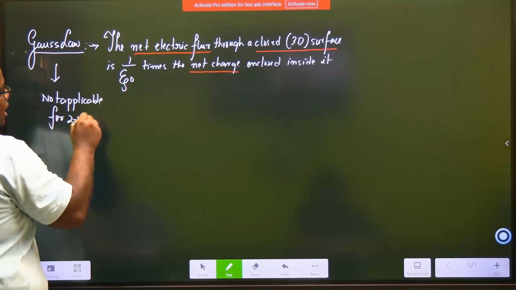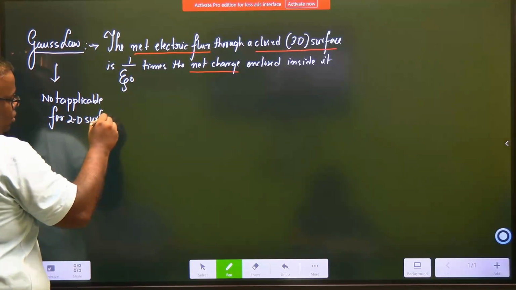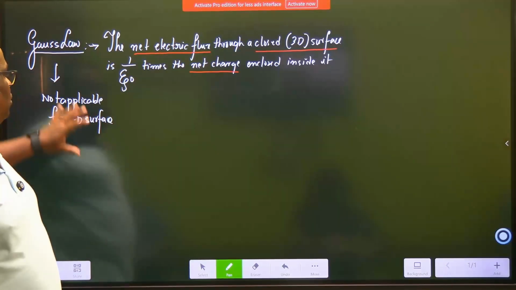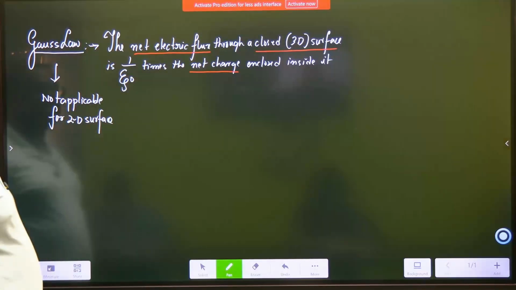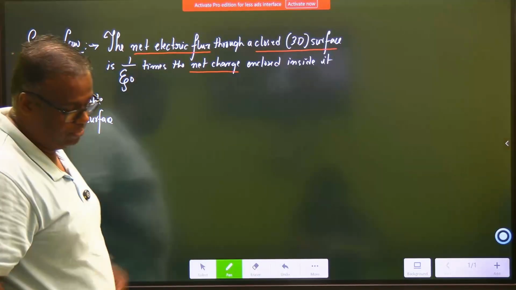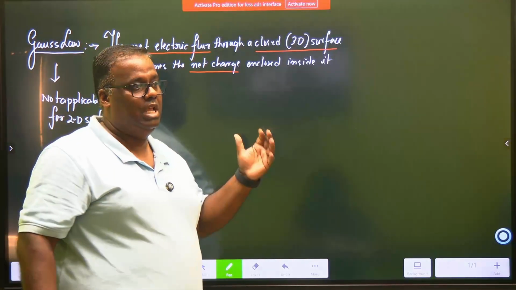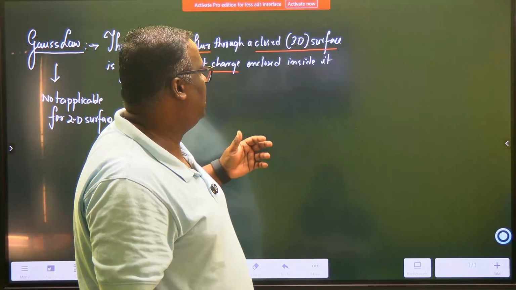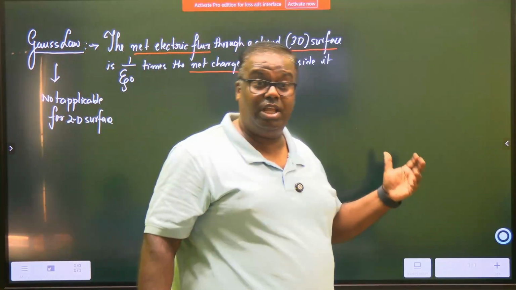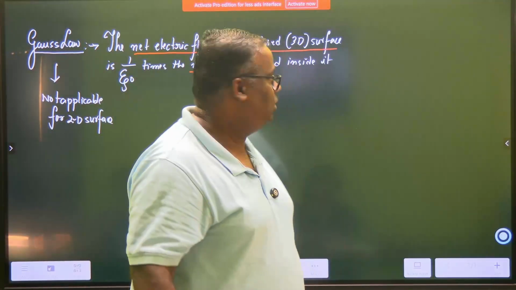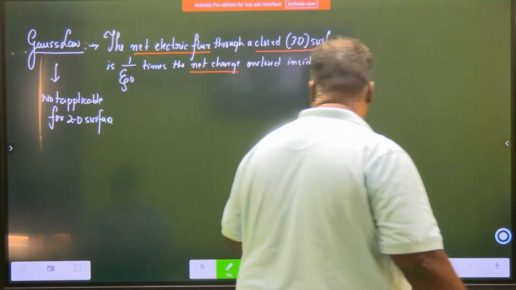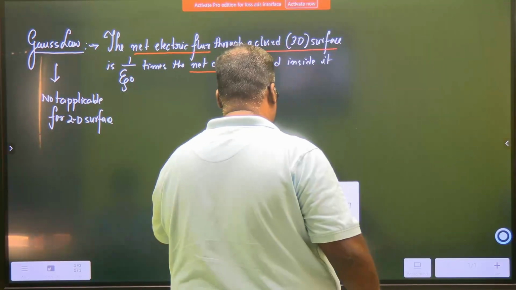Children, whatever I write in this section of the chapter is very important. You have to be very careful with these things. It is not applicable for 2D surface, right? It is only applicable for 3D closed surfaces, and the net electric flux is given by the net charge that is enclosed inside it.